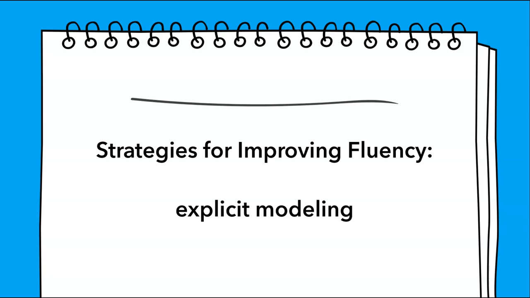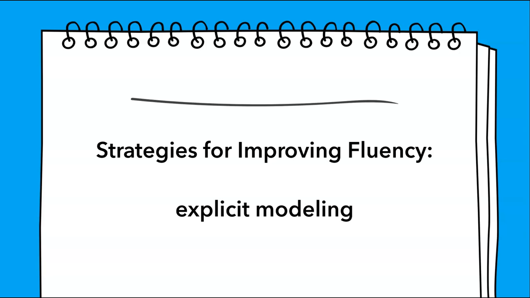In addition to explicit instruction and word recognition, there are several strategies recommended for reading aloud to help improve students' fluency. These include providing explicit modeling of fluent reading and giving the students a chance to practice their own fluency.